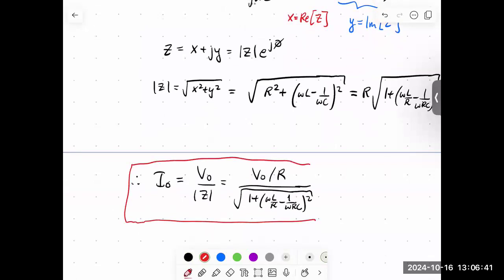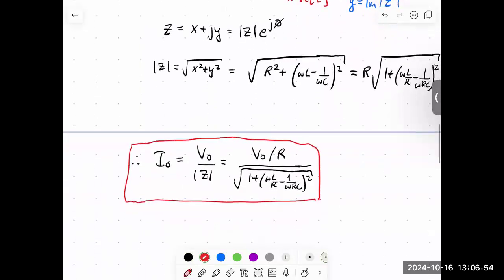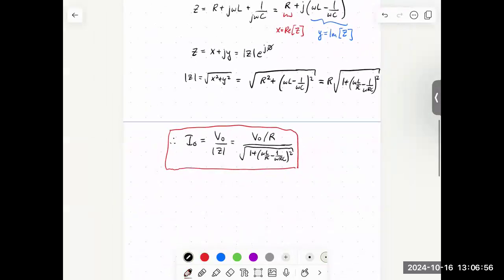And that's it. We didn't write down any differential equations. We didn't mess around with trig functions. We just did a bit of algebra on our impedance and immediately got the amplitude of the current. And the phase is just as straightforward, because the tan of the phase is equal to Y over X. Y is omega L minus 1 over omega C, X is R, so we just divide these two terms by R, and it ends up being omega L over R minus 1 over omega RC.